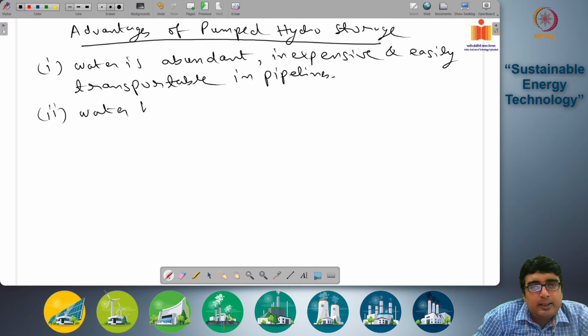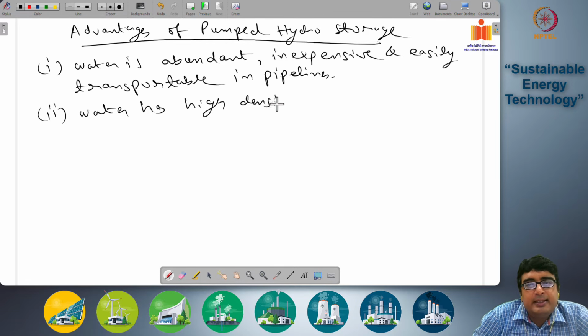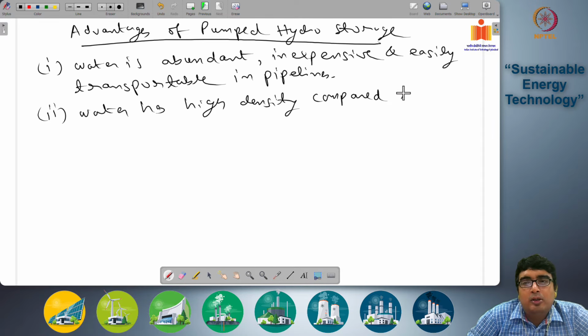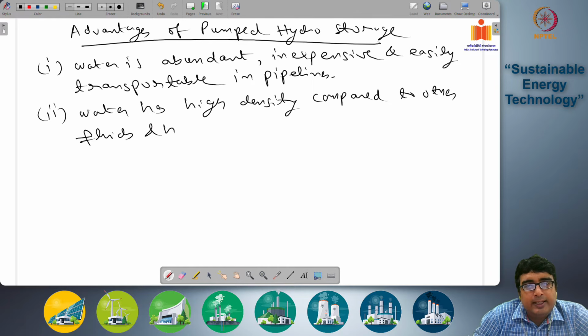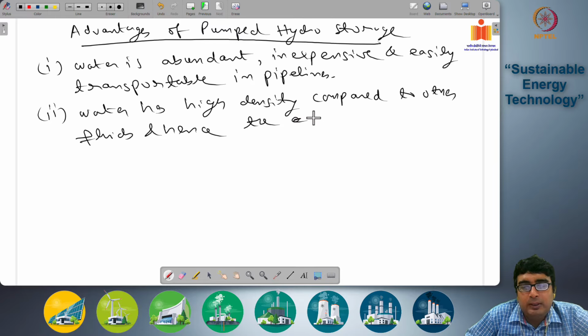Water has high density compared to other fluids, and hence, let's just rewrite this.